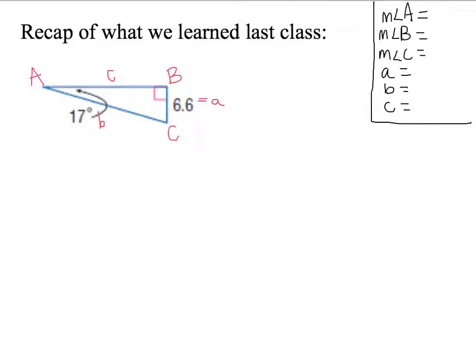We've been given that side a is 6.6. We've been given angle B is 90 degrees, and we do know that angle A is 17 degrees. With some quick subtraction, 180 minus 17 minus 90 gives us 73 degrees.